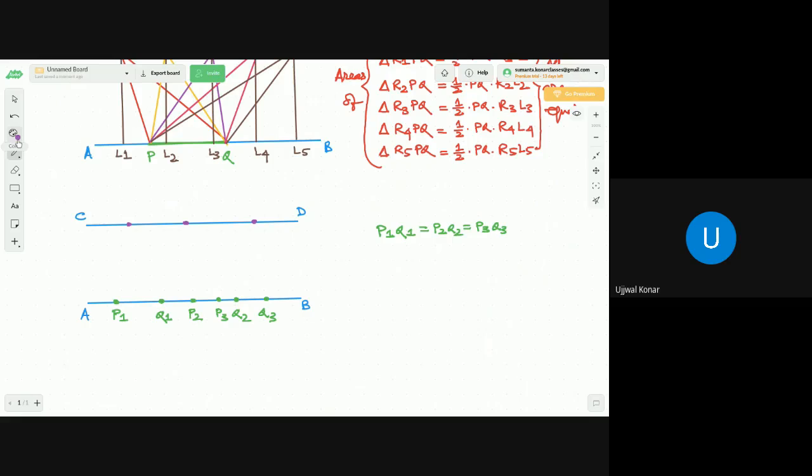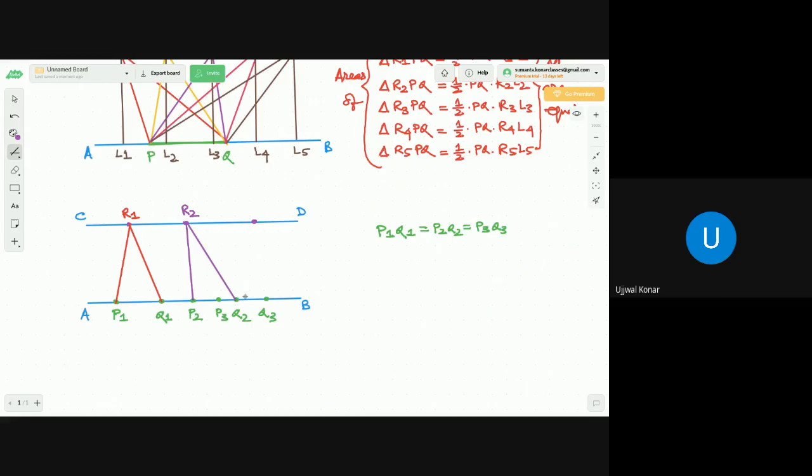So first one, I'm going to draw R1, P1, Q1 as a triangle, in the red color. I'm joining R1 P1 and R1 Q1. The second one I'm going to draw in purple color. Here this point is R2, and the lines I'm going to join are R2 P2 and R2 Q2.